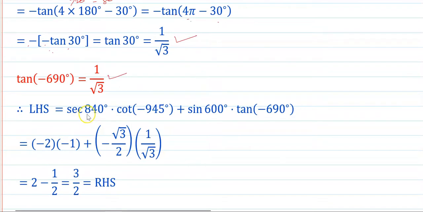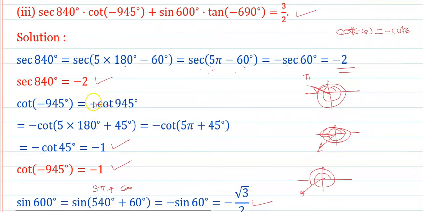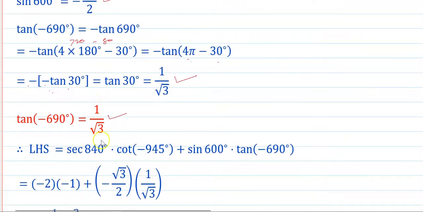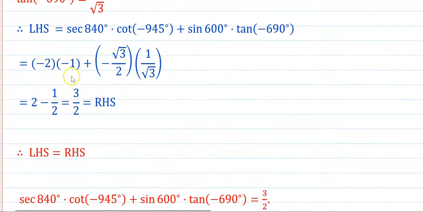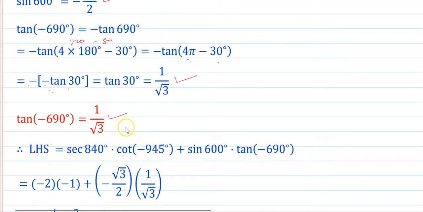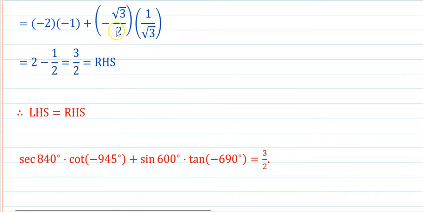Now see this LHS. Substitute the values. या सर्व values substitute करणार. पहिली value किती थी? Sec of 840 ते minus 2 आहे. Next, cot of minus 945. It's minus 1. Okay. पुढे किती आहे? The sine of 600 बघा. Minus root 3 by 2.